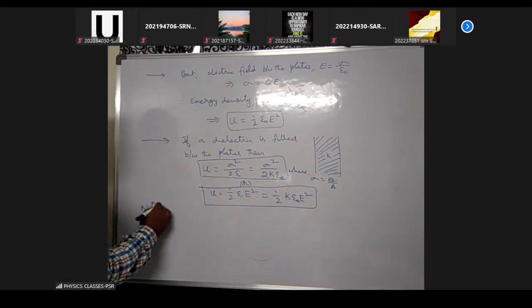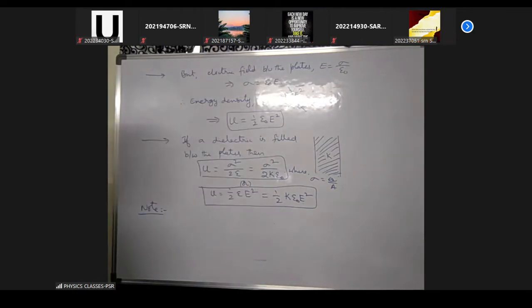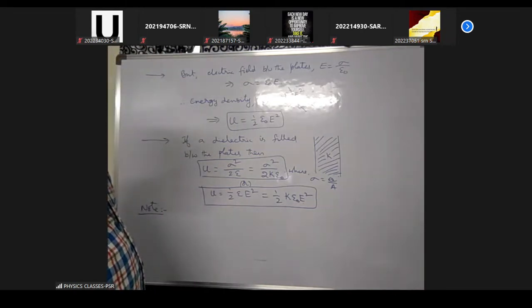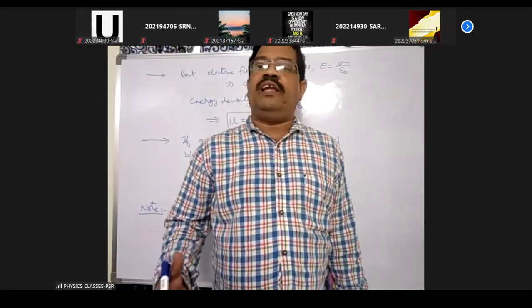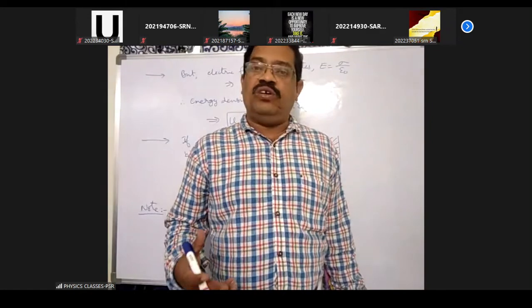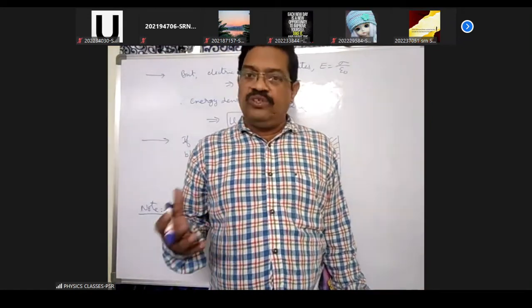Important note point. In charging this capacitor, what is the work done by the battery? In the final state, the potential difference between the plates is V. Work should be done by the battery in charging the capacitor, because the charge already present on the plates of the capacitor opposes further charging.